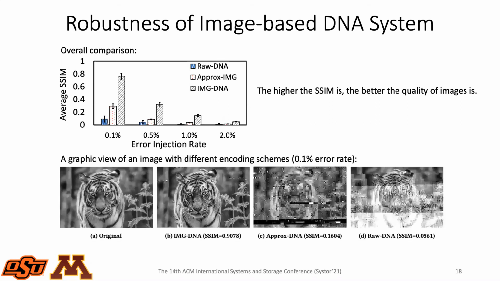We also show a graph view of images with different encoding schemes. As compared between those images, we can see our proposed IMG-DNA achieved images very close to the original one, but for the approximate DNA and also raw DNA, their pictures are quite unclear.